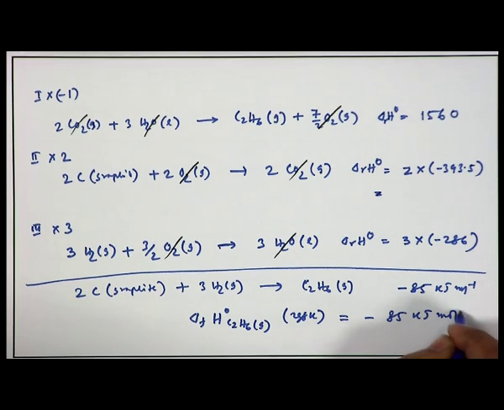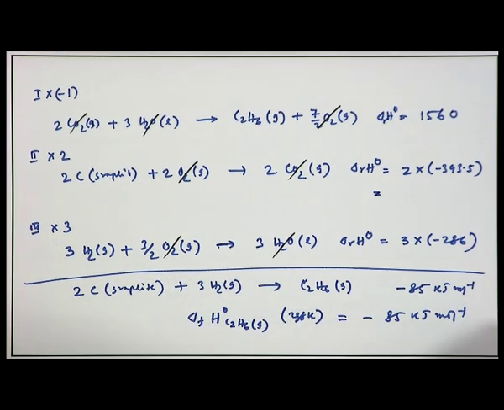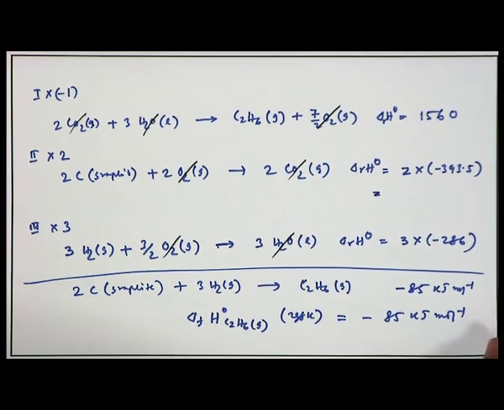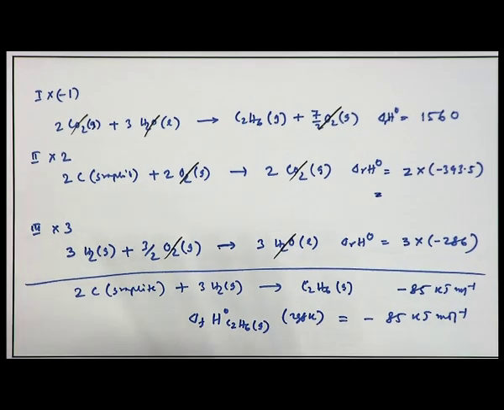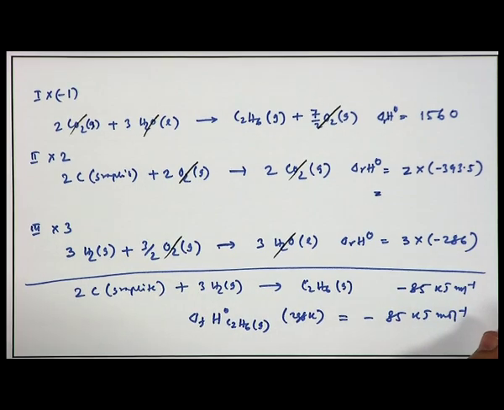So, this is what Hess's law is all about, where you can combine equations to get the enthalpy of reactions which are not practically attainable, which cannot be determined experimentally.